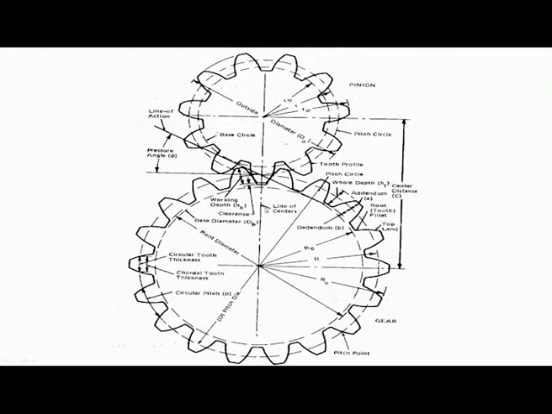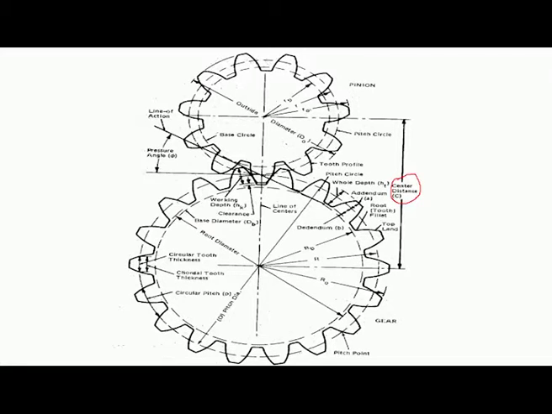We have a gear and a pinion mating together, and the distance from the center of the pinion to the center of the gear is called center distance. Here you can see the pressure angle, line of action, base circle, and this is the root diameter.